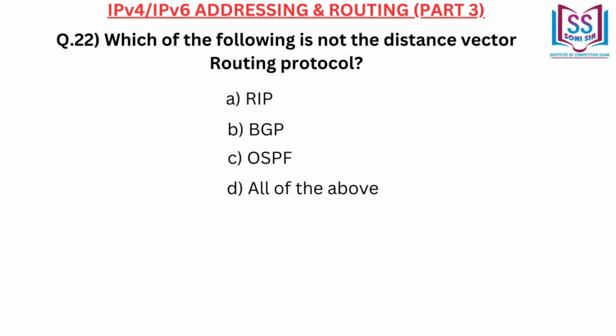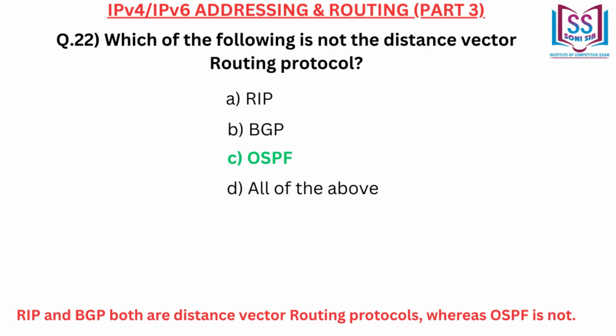Which of the following is not the distance vector routing protocol? A. RIP. B. BGP. C. OSPF. D. All of the above. Correct answer C. OSPF. RIP and BGP both are distance vector routing protocols, whereas OSPF is not.